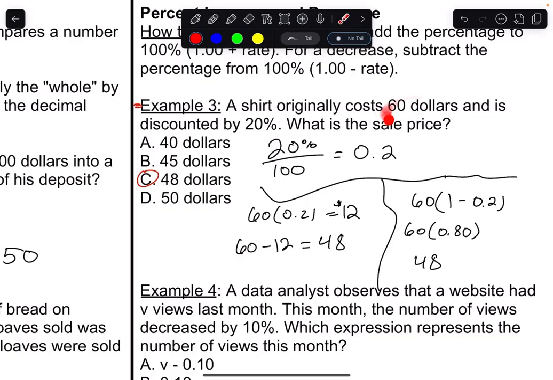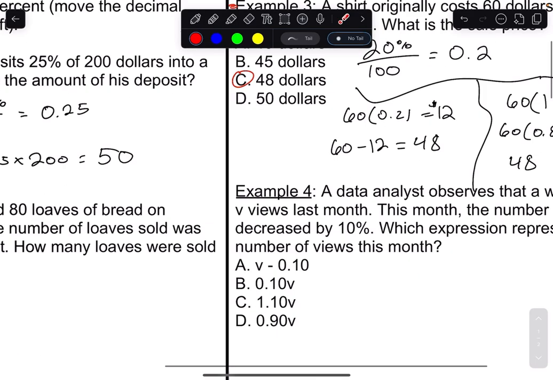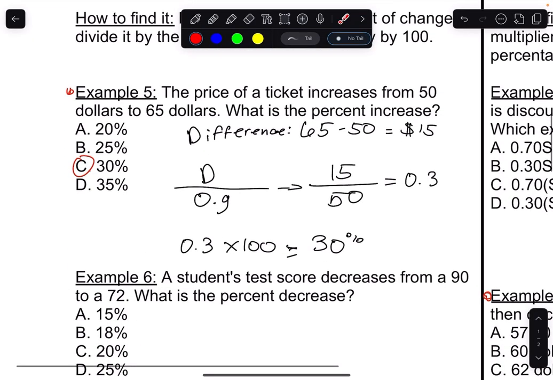How much was the initial percentage? Well, 60 times some percentage should have been 80. In this case, they did 60 times 0.8 to get you 48. Same idea here. If you had 50 times one of these percentages should have been $15. That way you can kind of see, 50 times 0.3 definitely is going to be $15.